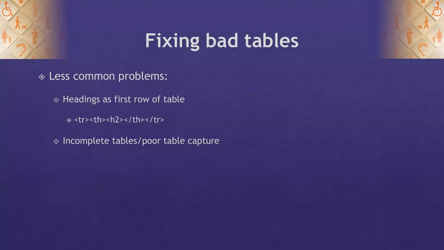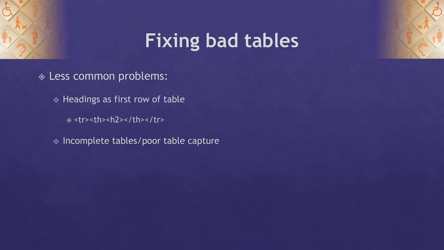So, less common problems. I see this a lot when people import, they make the first row of their table a heading. So they'll put an H2 or an H3. This is in lieu of the HTML caption tag, but it messes up the table and it affects regularity.